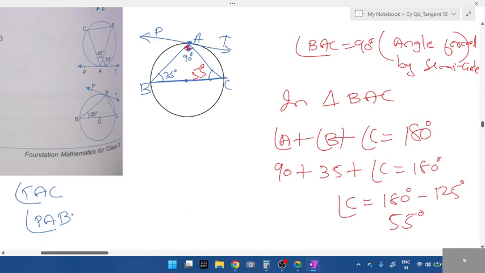TAC. Okay, so use the alternate segment theorem. First complete it. I'll explain alternate segment.